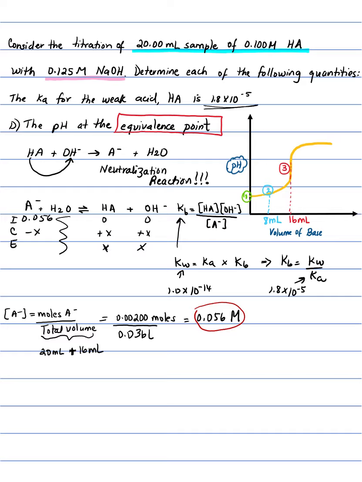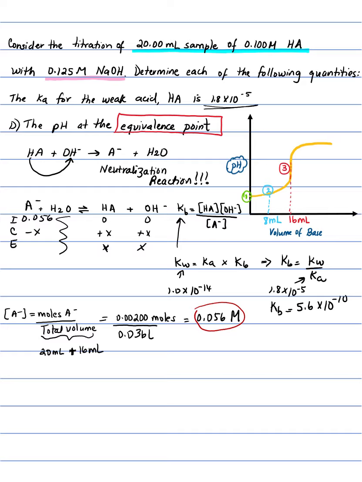0.056 minus X, you will get a value of Kb here. It's 1 times 10 to the minus 14 divided by 1.8 times 10 to the minus 5. That will be a small number, 5.6 times 10 to the minus 10.